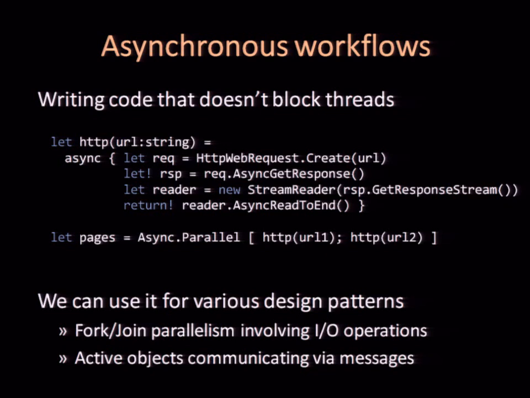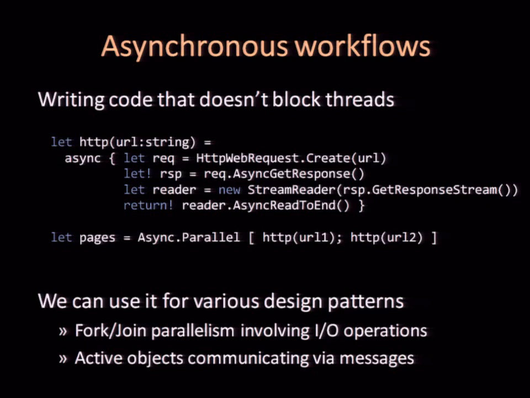The asynchronous workflow alone isn't a feature for parallelism, but it's used in that way because you can easily encode things like fork-join parallelism using them. So this Async.Parallel spawns multiple workflows and then joins the results. But you can use it for encoding many other concurrency patterns.